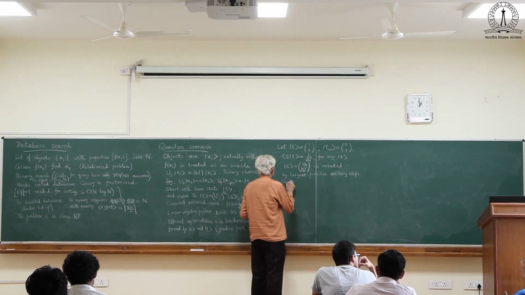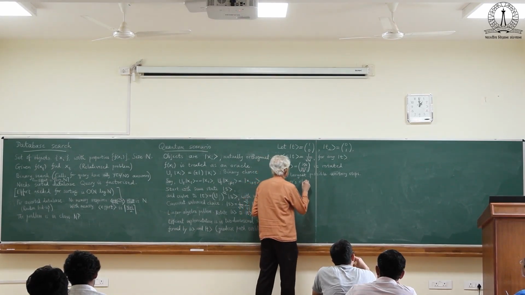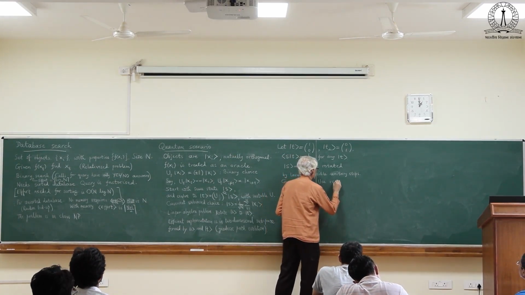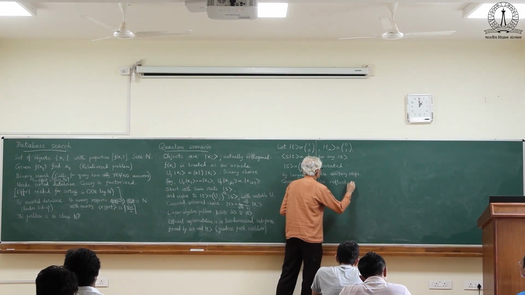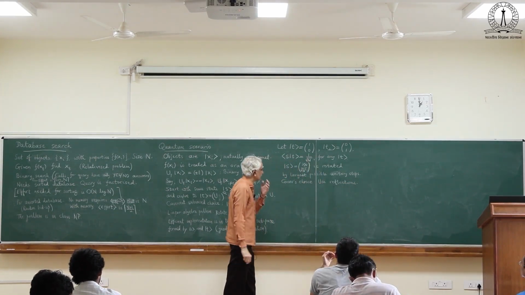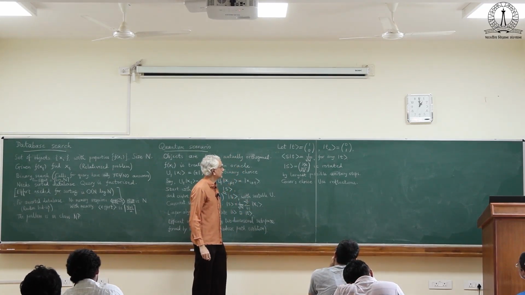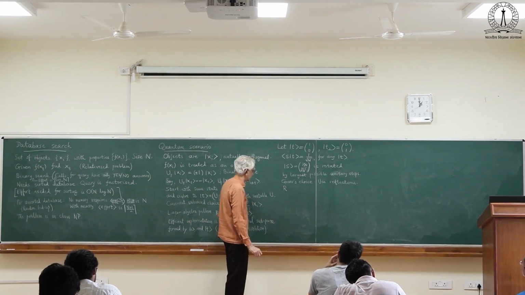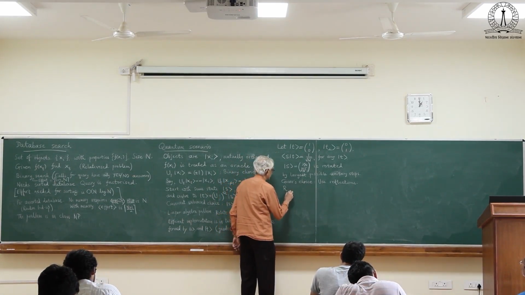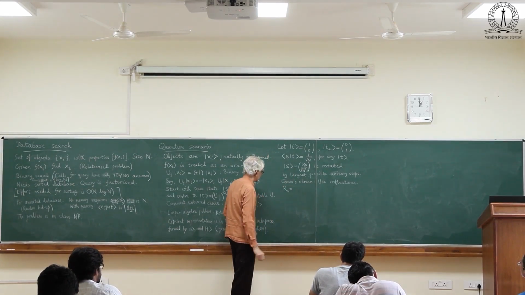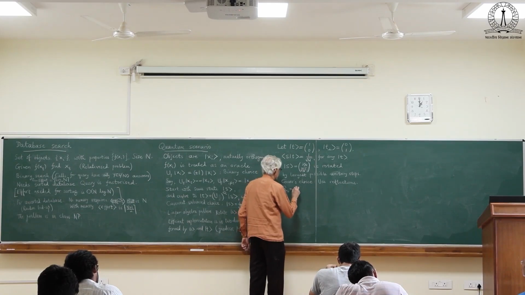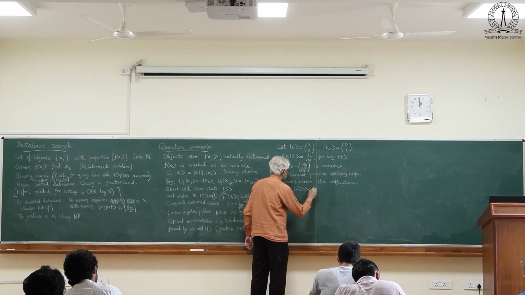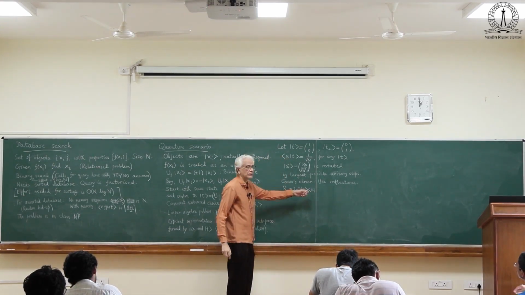So Grover's choice is to use reflections. And the reflection which he chose, I will denote the reflection operator by R. So reflection along this direction S, I can write it as identity minus 2 times this outer product.